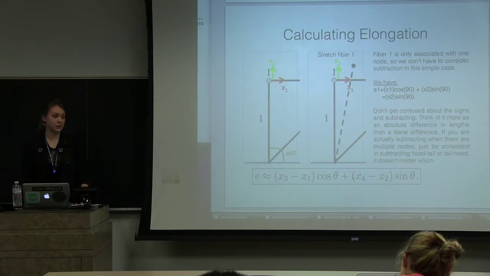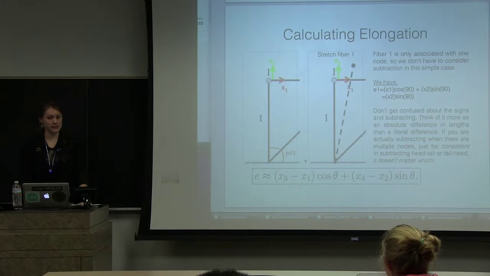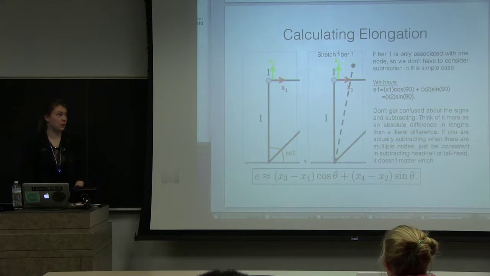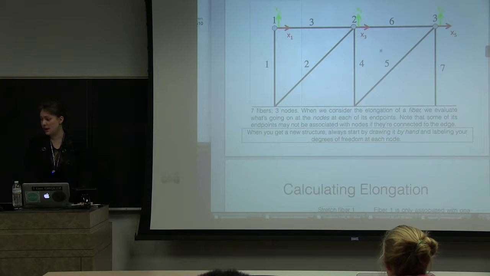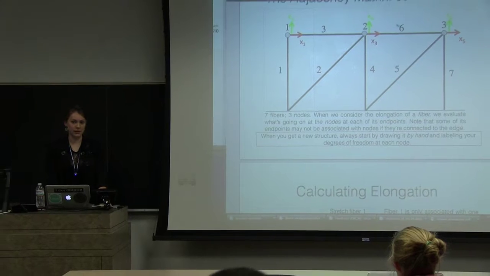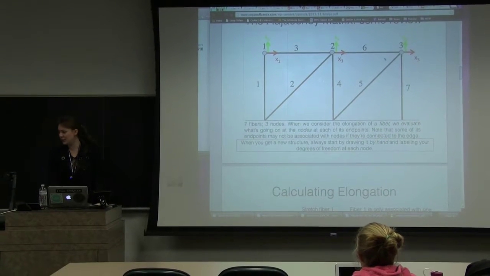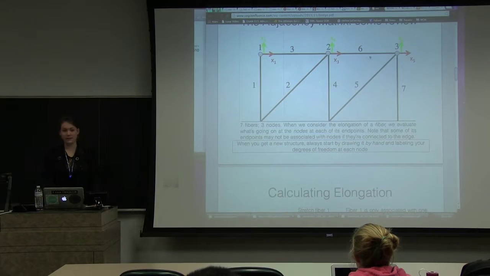The only issue is consistency in which direction you're subtracting these guys, head to tail or tail to head. And it doesn't matter as long as you're consistent between fibers. And what I mean by head to tail or tail to head is, say you had fiber 6 here, for example, and you're saying, well, which guy am I subtracting from what when I'm considering the horizontal and vertical motion? Do I do x3 minus x5 for the first term, or do I do x5 minus x3?